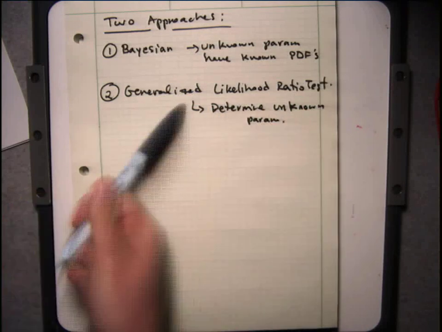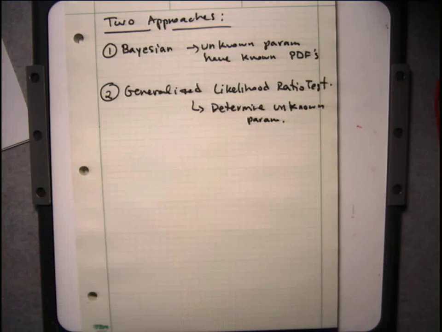So the advantage here is that you in fact estimate the unknown parameter given the data, and then take that estimate and plug it into the likelihood function and then do a standard likelihood ratio test. And of course, immediately the question that should pop to your mind is, why is that a good idea? Right? Does that give you the optimal detection?